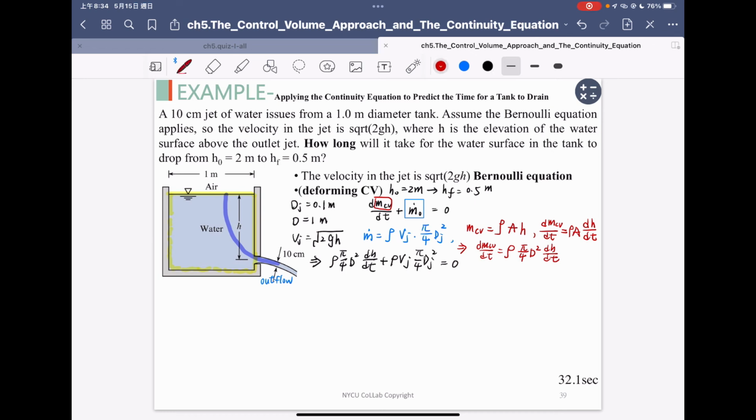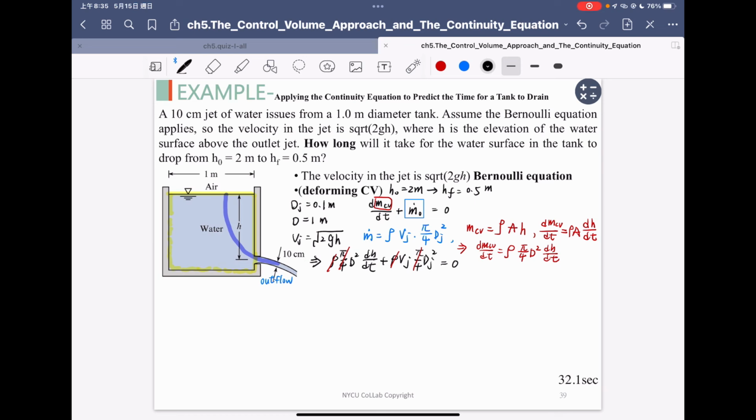So we cancel out all of the density, and we cancel out the pi over 4 in here. And we just reorganize our equations.